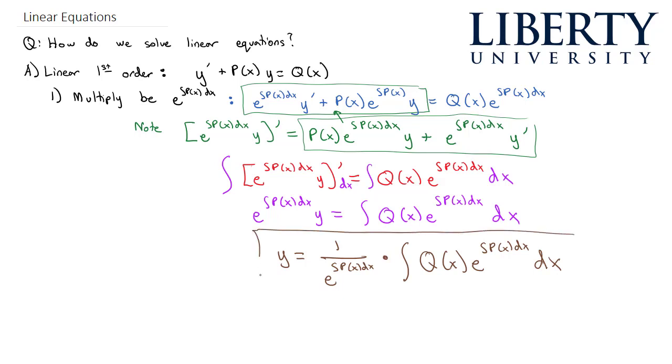And that formula becomes the solution to my linear differential equation of first order. Now that formula is probably not worth memorizing, but it does kind of explain why the process we're going to go through works. So let's summarize what we've done in a clear process.